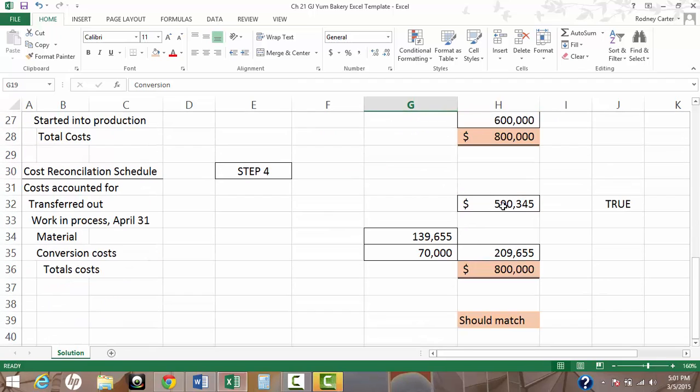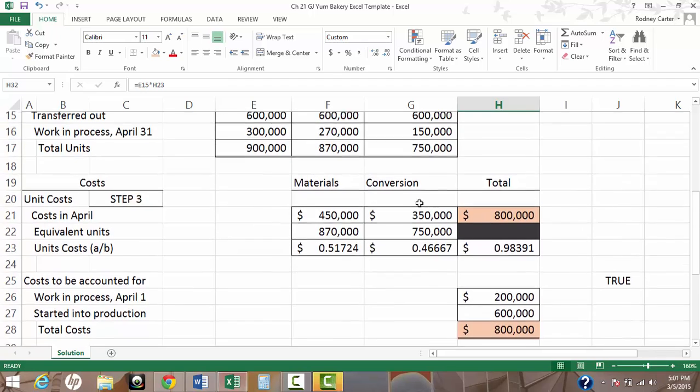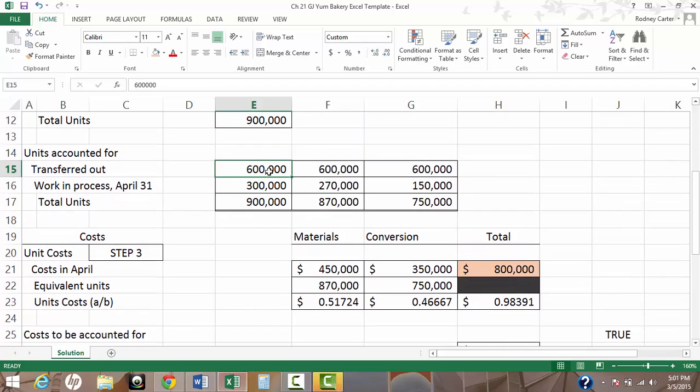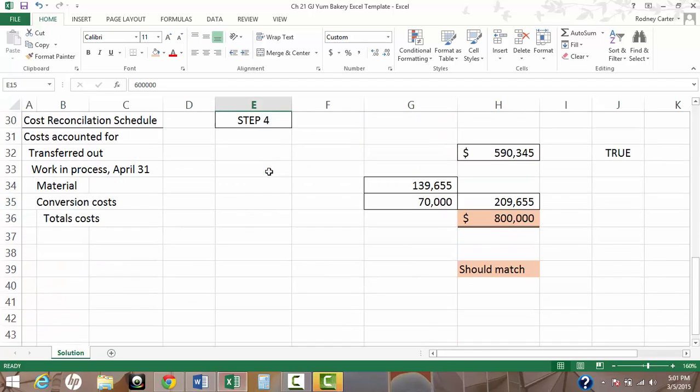And then we know the dollar value that we're transferring out, which is $590,345 for these 600,000 units that we've transferred out.